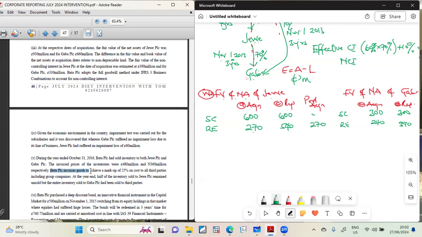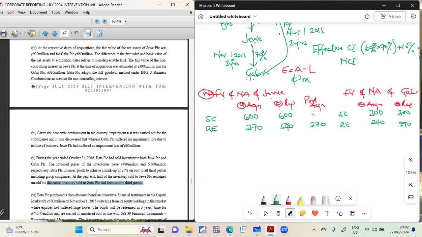Beta invoices goods to achieve a markup of 25% on cost to all third parties, including the group companies. At the year end, half of the inventory sold to Jewe remained unsold, but the entire inventory sold to GABA PLC had been sold to third parties. All right, so that is that.